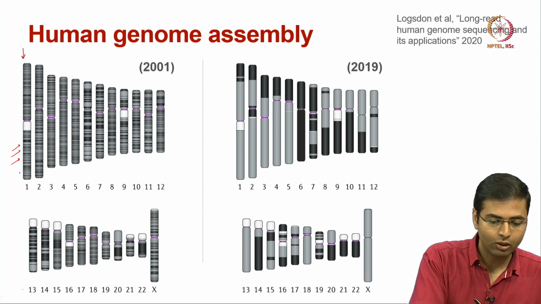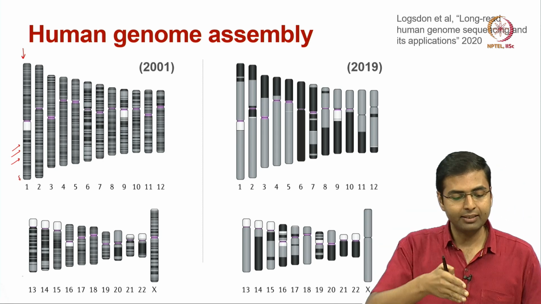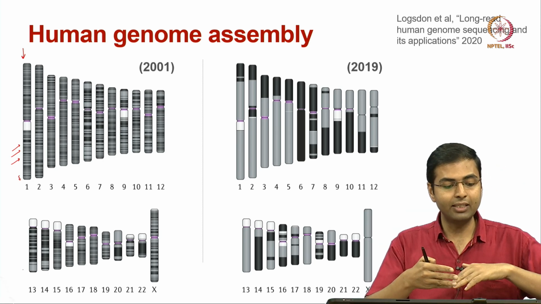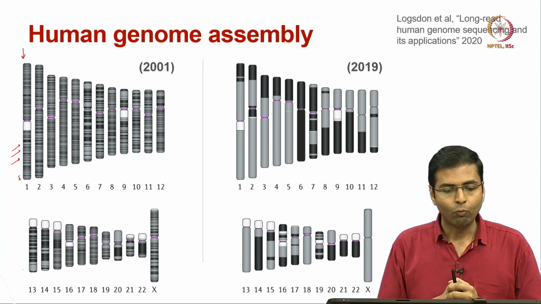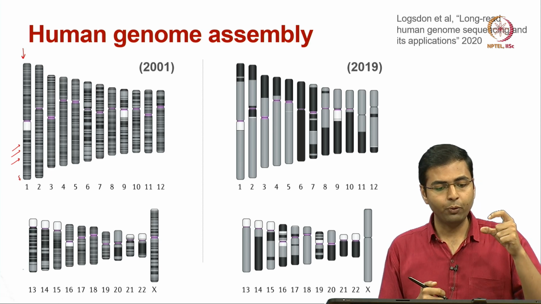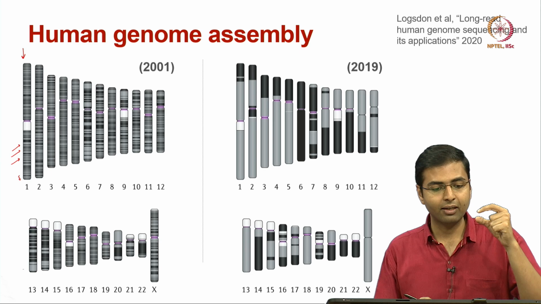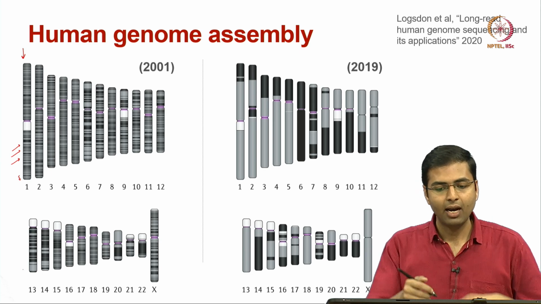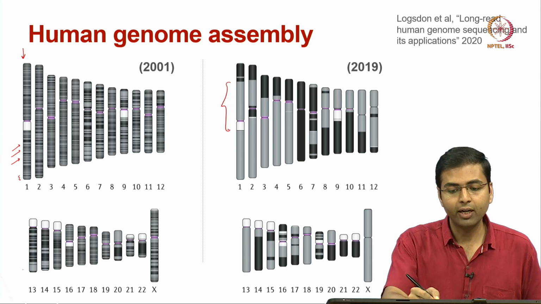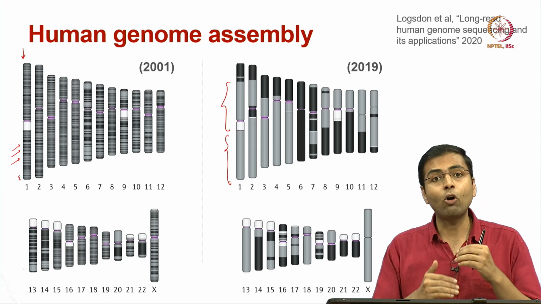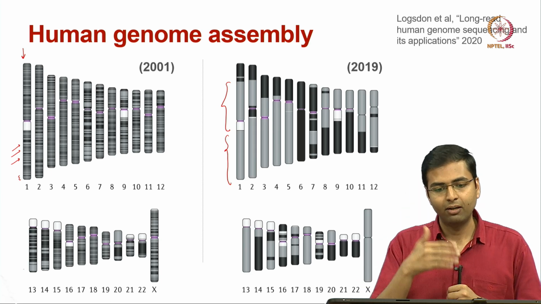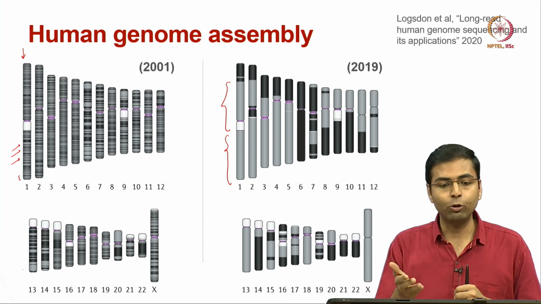Each contiguous color represents a single sequence, and the next sequence is represented by the alternate color. What you can see is that the contiguous blocks are much longer on the right hand side. That is, you have significantly more contiguous assemblies in 2019 compared to 2001.